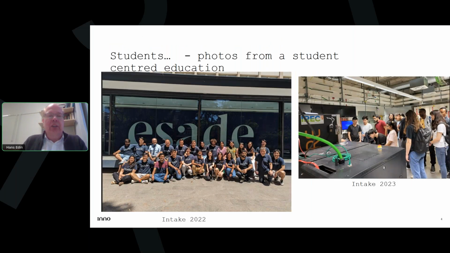The SENS program is very much a student-centered education. We focus very much on the students we have and how they can develop and get a good career start in the areas of smart electrical networks, the electric power industry in general, and so on. Here we see two photos from two of the later cohorts.